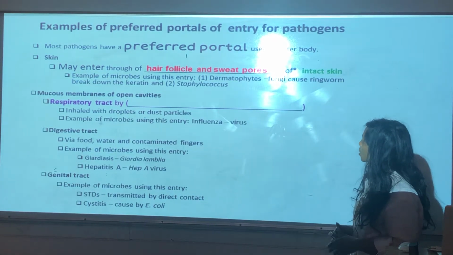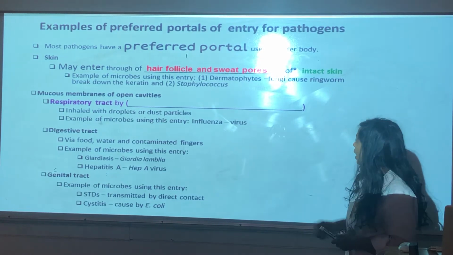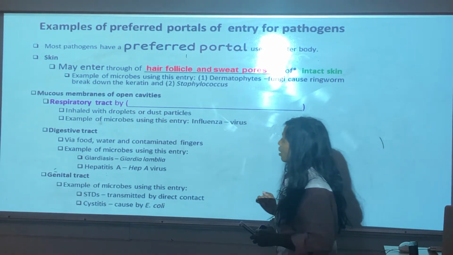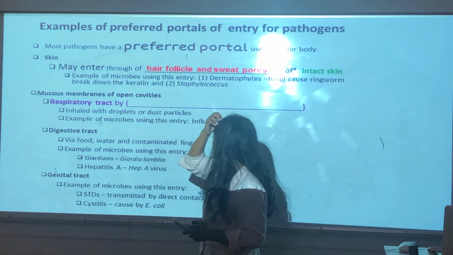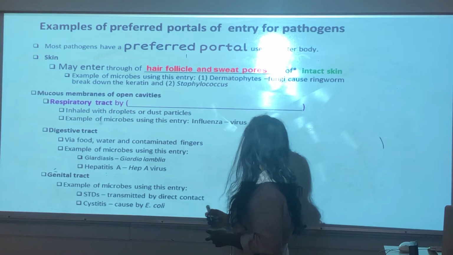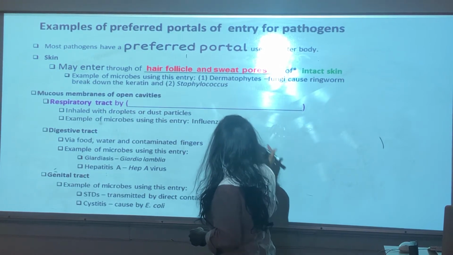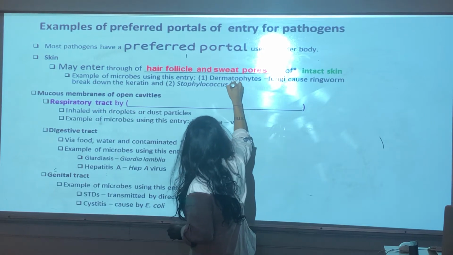Some examples I gave: the dermatophytes, a set of fungi that cause ringworm, do this by breaking down the keratin in the epidermis. And Staphylococcus organisms are often known to invade hair follicles and sweat pores, causing pimples.